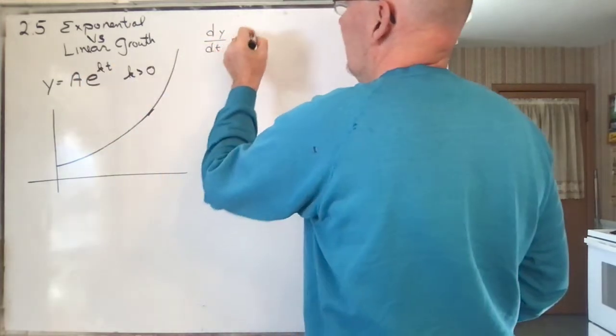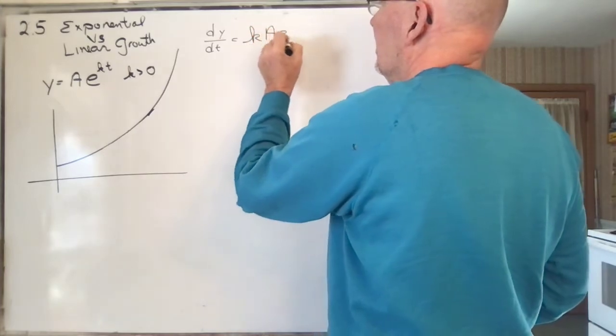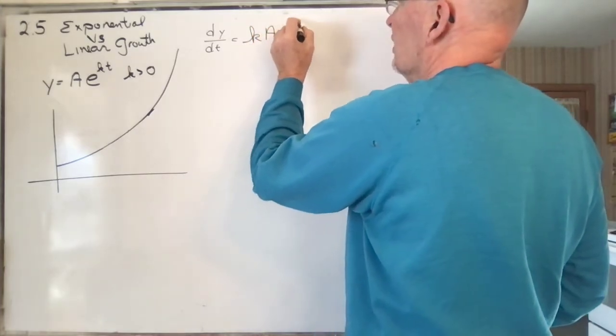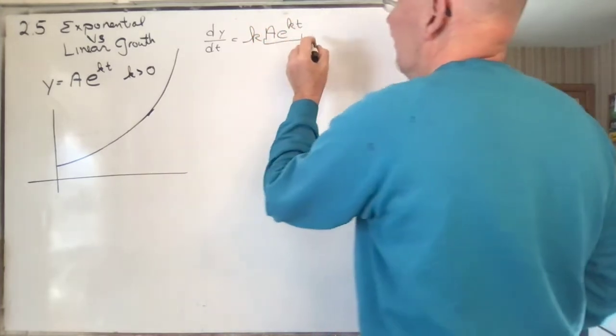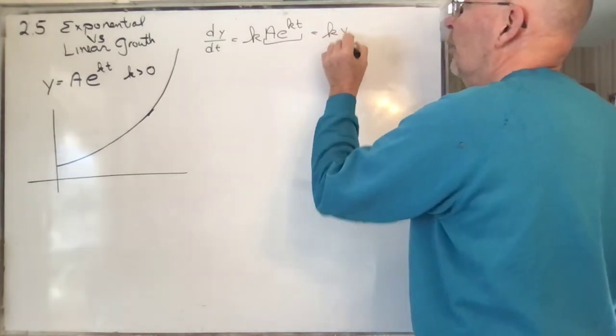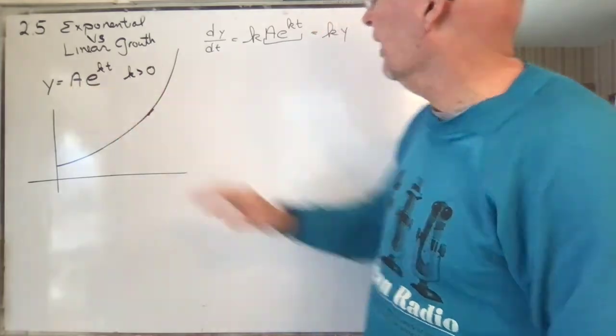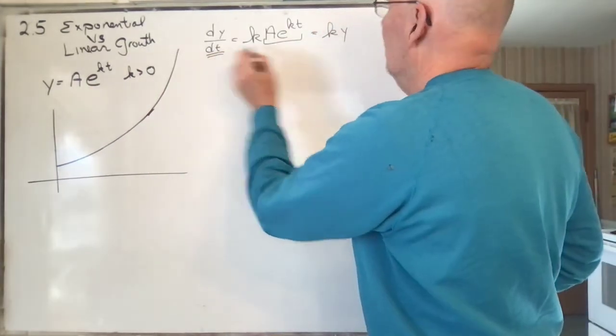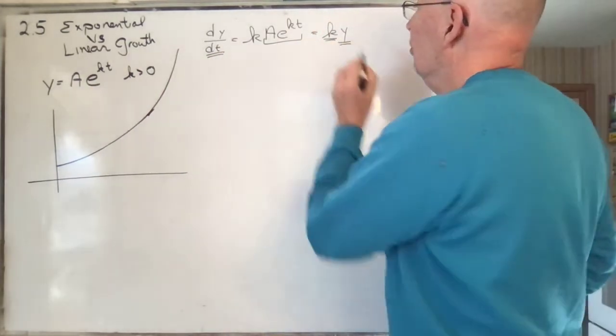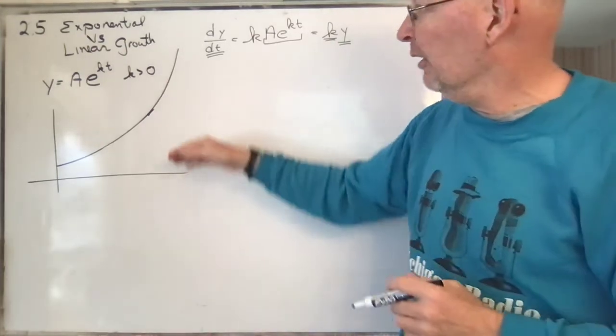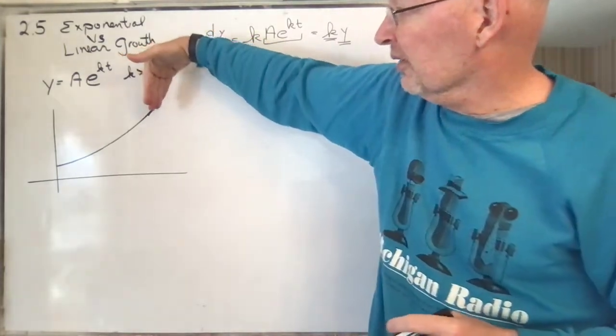You're going to get k a e to the kt. Agreed? And this is just the function right there, which is k times y. So when you have an exponential function like that, the rate of growth is proportional to the height of the function. The higher the function goes, the steeper it is, okay?